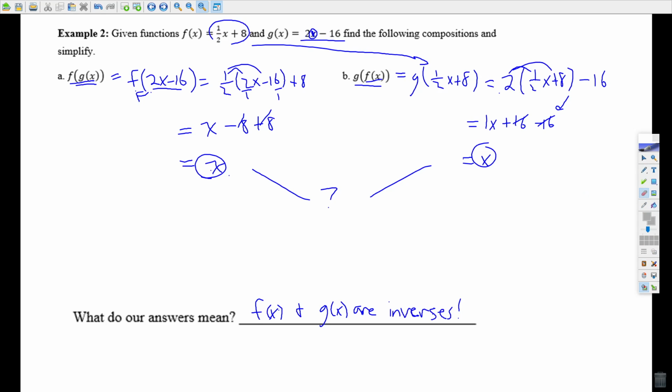So it's kind of odd, but if you look at these two problems, it may not be that noticeable, but these two are inverses of each other. And that only happens if you do f of g of x, g of f of x, and they both give you x. We don't want to equal anything else but x. If you got x plus 4 in one of these, it does not work. It has to be just x for both of them. Nothing else around it.